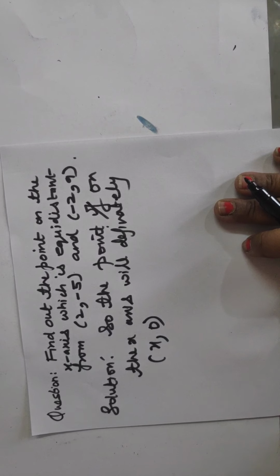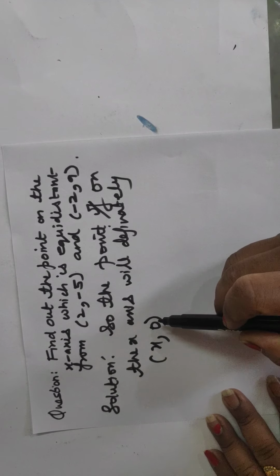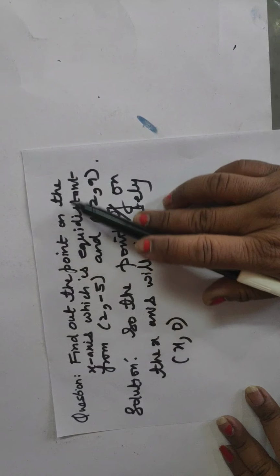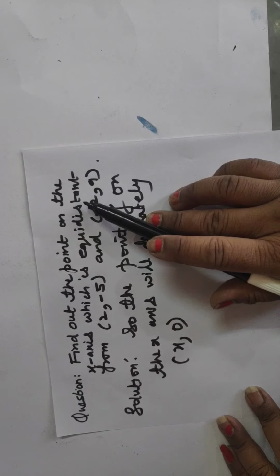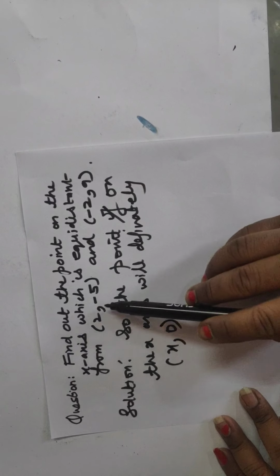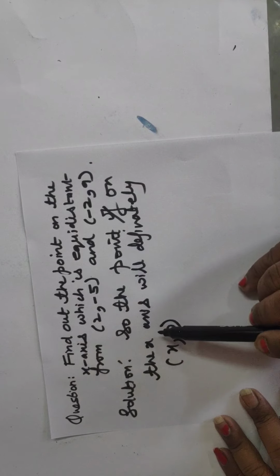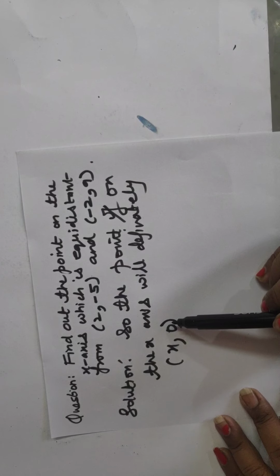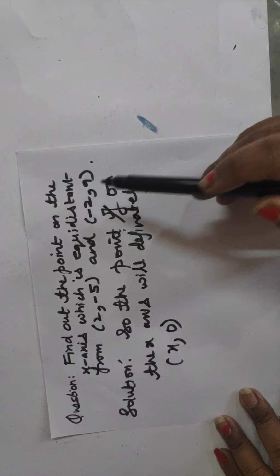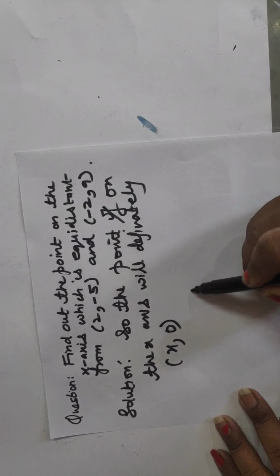Now we have to find out the value of x here. What is the question? Find out the point on the x-axis which is equidistant. This point is equidistant from the point 2, minus 5 as well as from the point minus 2, 9. For example, this is the x-axis.